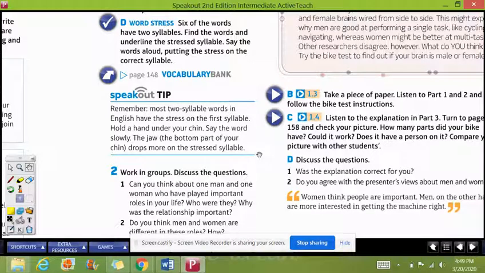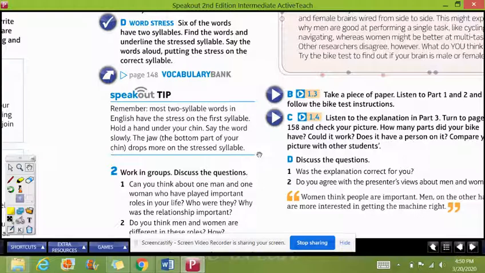How are you going to find that out? I want you to hold your hand under your chin and say the word slowly. Can you feel the jaw? How your jaw, the bottom part of your chin, drops more on the stressed syllable? That's how you will find out what the stressed syllable is in each word.